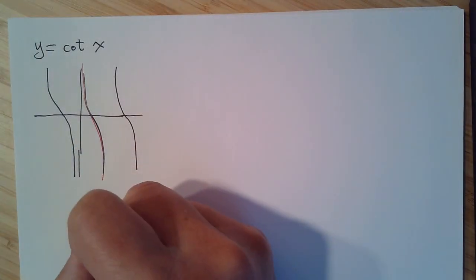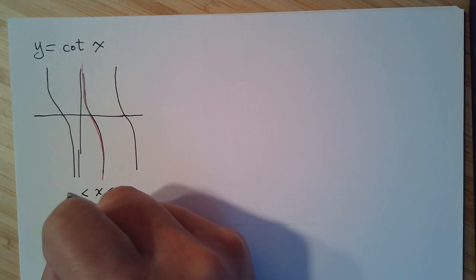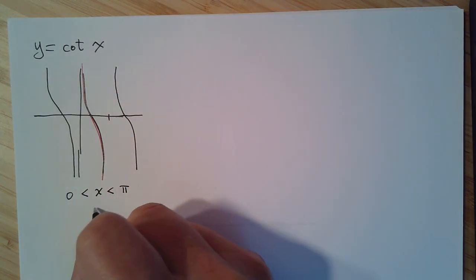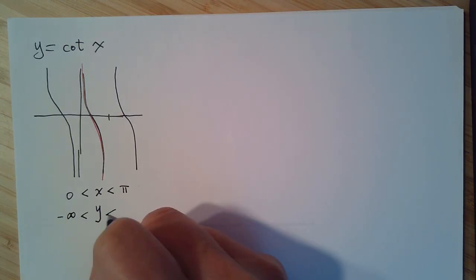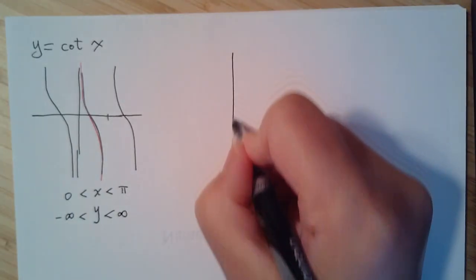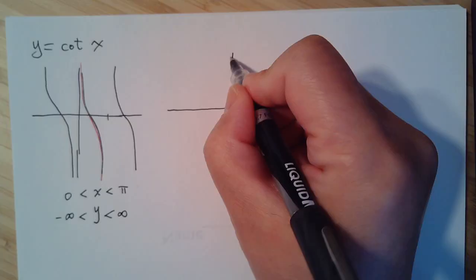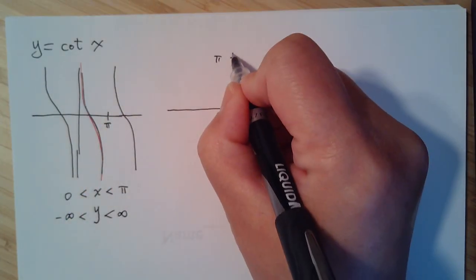In this piece, my x is between 0 and pi, and my y is from negative infinity to positive infinity, right? And then flip that along the 45-degree line. I got this graph. And here is pi.